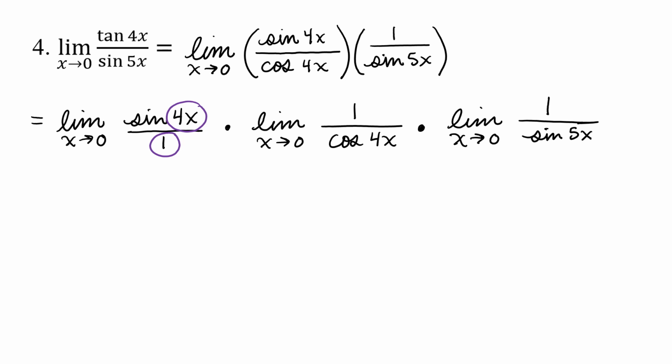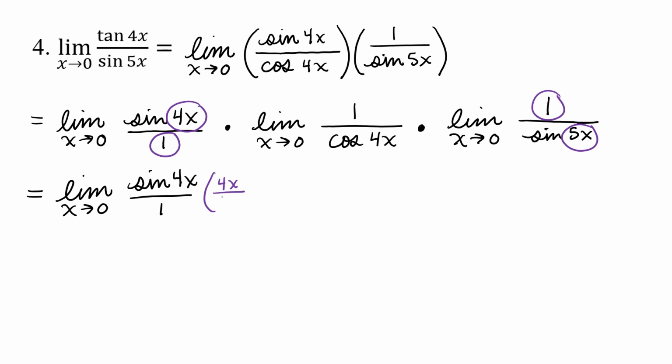For our limit as x approaches 0 of 1 over sine of 5x, we'll need our numerator to be 5x. So this will be equal to the limit as x approaches 0 of sine of 4x over 1 times 4x over 4x times, we'll use direct substitution to evaluate this.